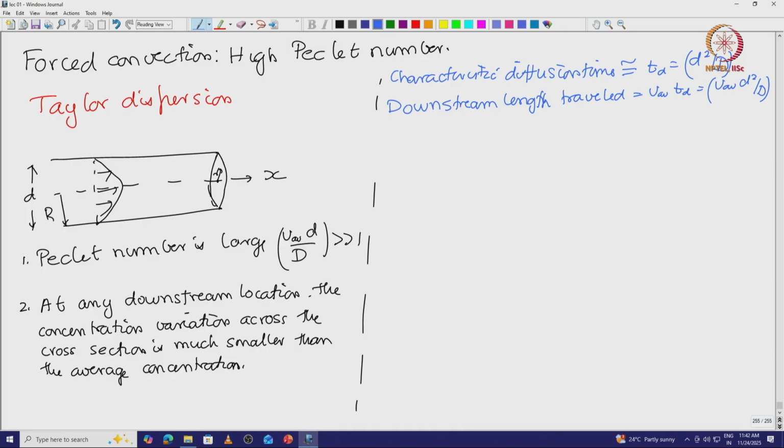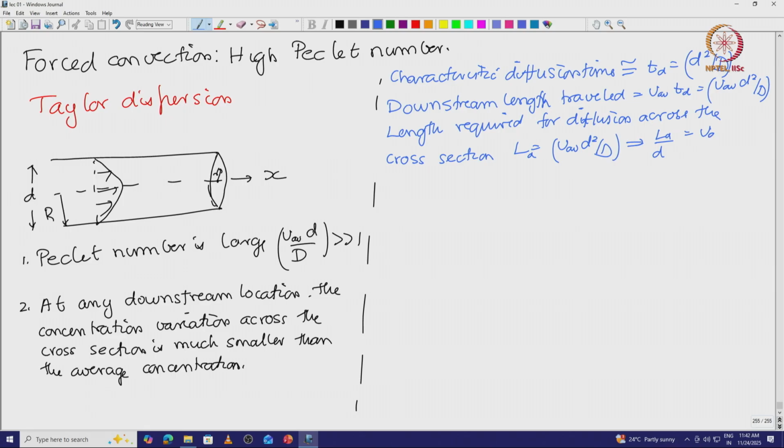Therefore, the average length beyond which the concentration has equalized across the cross section, the length required for diffusion across the cross section, L is equal to V average d square by D, which implies that L by d is equal to V average d by D, and this is equal to the Peclet number.